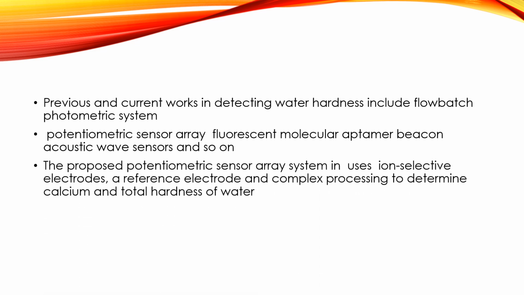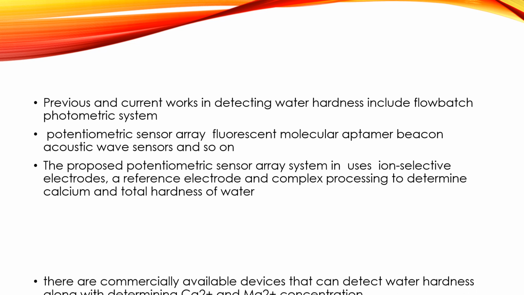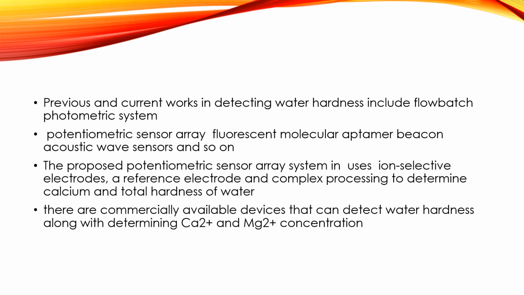The proposed sensor array system uses an ion selective electrode, a reference electrode, and complex processing to determine calcium and total hardness of water. There are commercially available devices that can detect water hardness along with determining Ca2+ and Mg2+ concentration. Now let's move to the next slide.